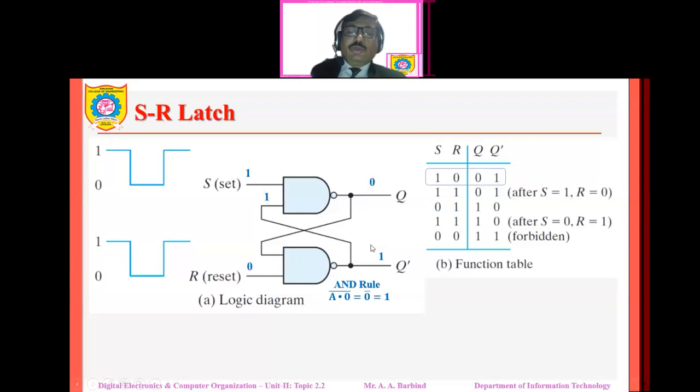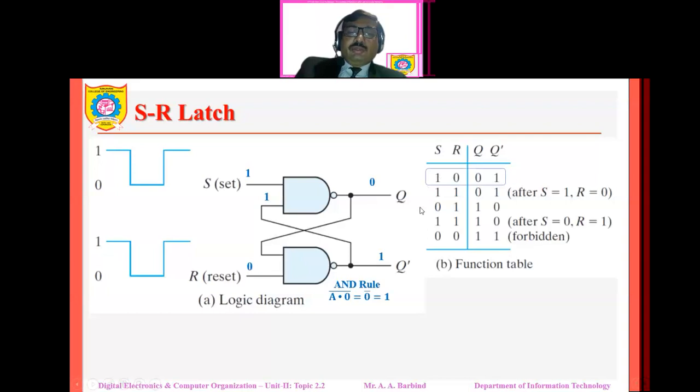So the output of the latch is stable in this case. When you give the inputs 1 and 0, the output is 0 1. In this case the flip-flop is said to be reset, when Q is 0 and Q bar is 1. Unless you change this input, the latch will be in the same state.